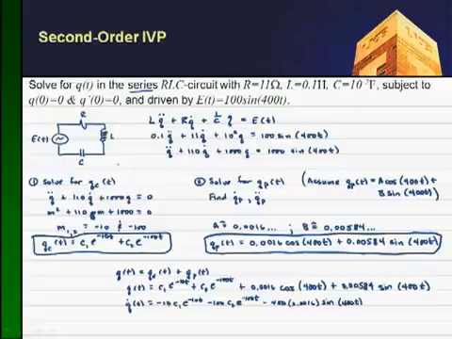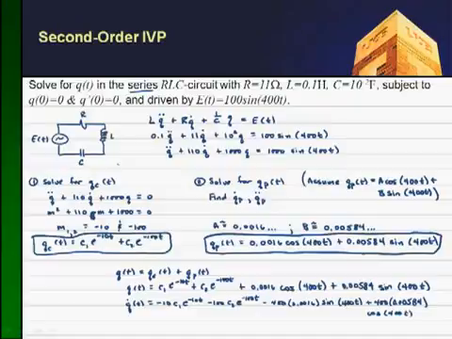On this term, the derivative of the sine turns into a cosine, and the chain rule pulls out a 400, so I get plus 400 times 0.00584 times the cosine of 400t.